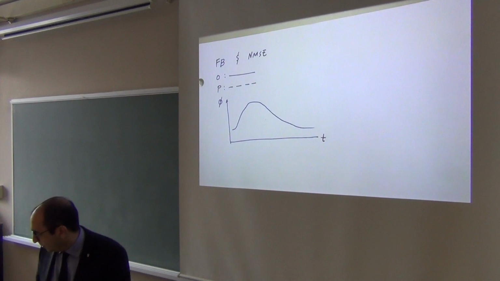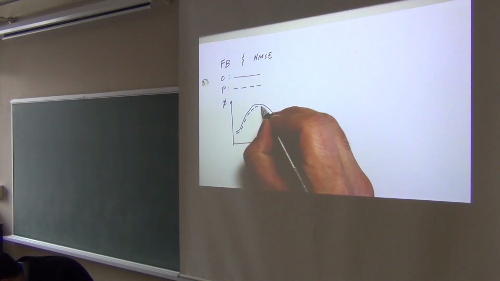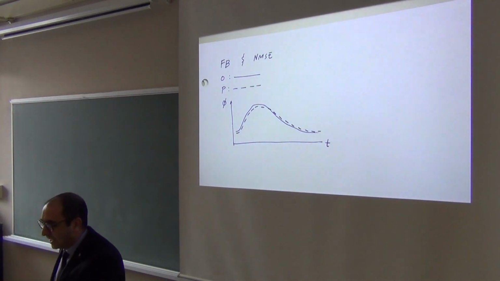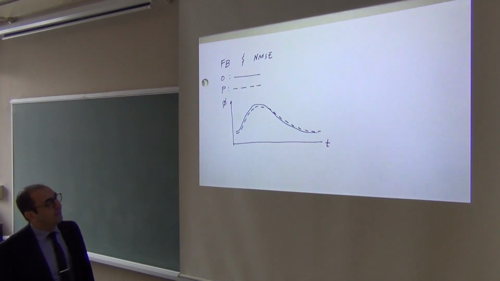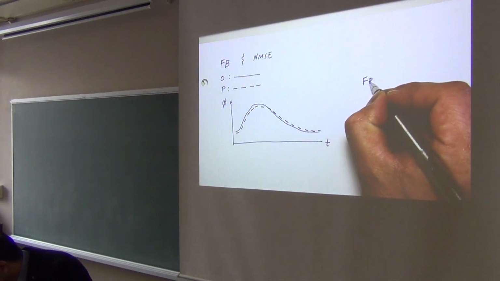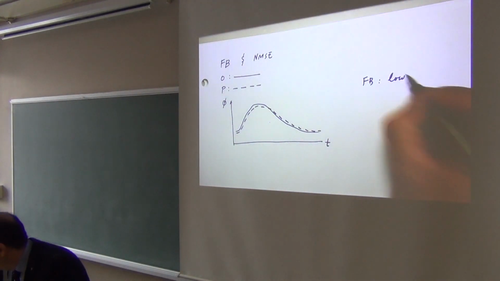And then I build a model, and the model may do a pretty good job in predicting this. Well, it won't exactly predict the same phenomena, but by and large, the model is a pretty good model. If I calculate the fractional bias, it should be very low.